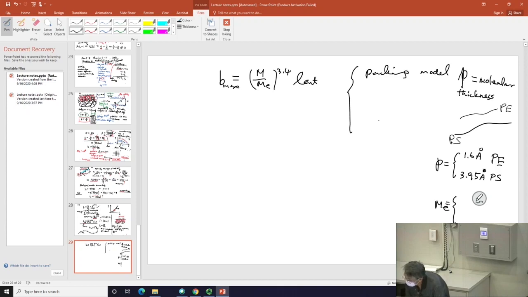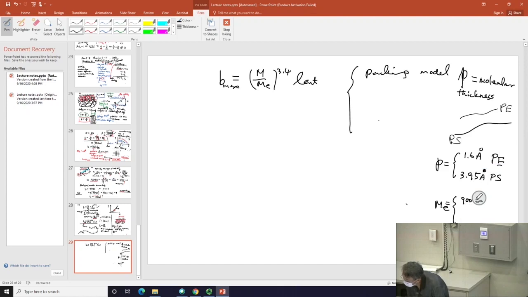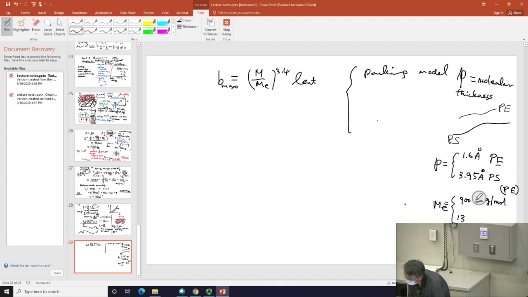For polyethylene, it's about 900 grams per mole, whereas for polystyrene, it's 13,000 grams per mole. Very large, more than 10 times difference. And that's a big deal.